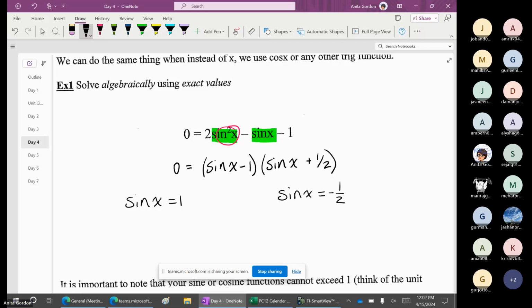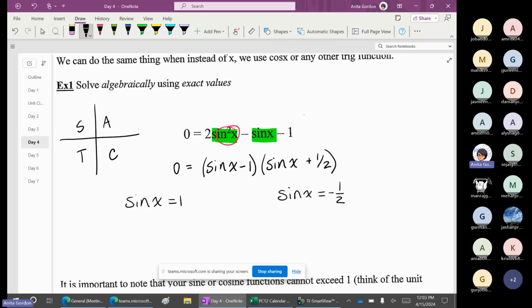-1/2. However, in this case, because I made a substitution for sine x, this is not my final answer. This is telling me the sine of x, and I'm interested in just x. So we have to use our knowledge of the unit circle and our special triangles. On the unit circle, I write CAST.